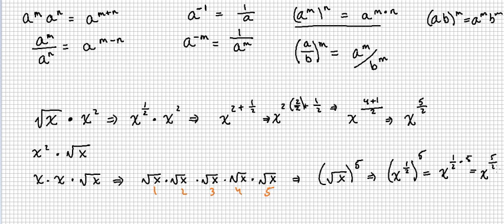So there are a few exponent rules the book has really tried to get you guys to know. The nth root of a to the m is equal to a to the m over n. That is one of the rules they want you to know.